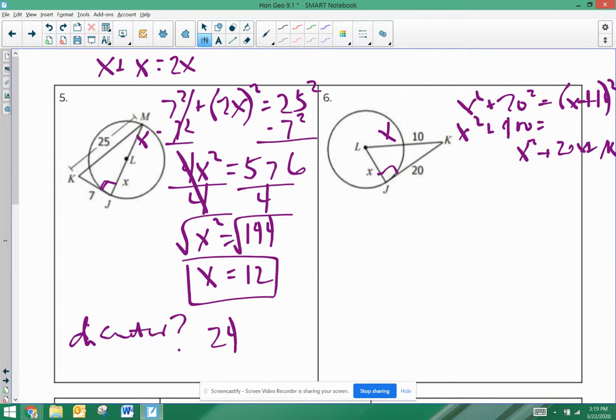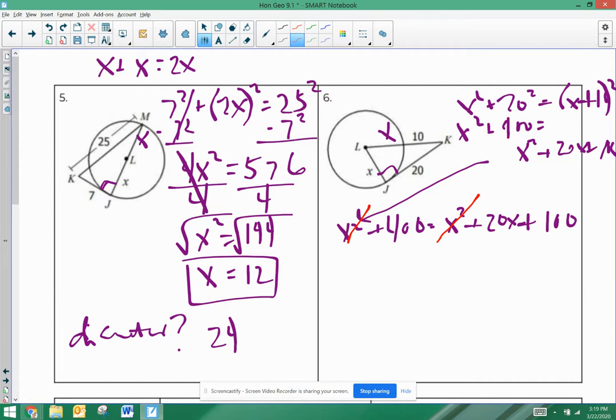Okay, so I'll bring this down here more legibly. X squared plus 400 equals x squared plus 20x plus 100. Since I have x squares on both sides, I'll cross those out.